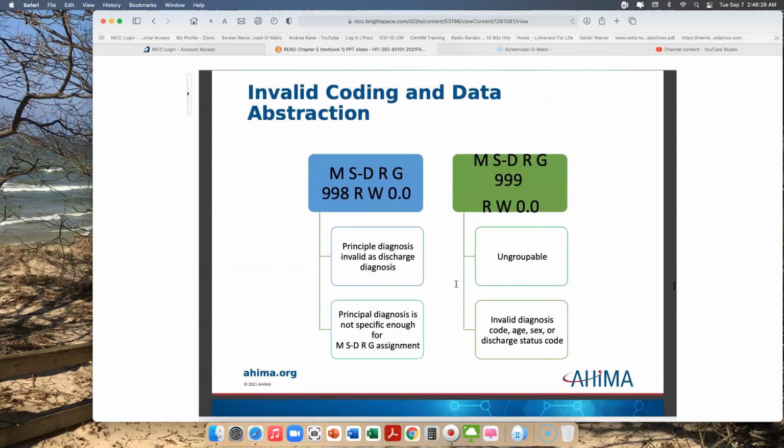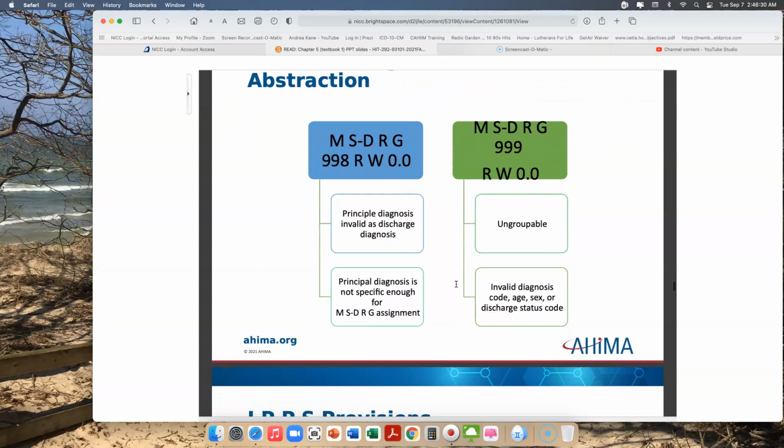This is invalid coding and data abstraction. If you end up in MSDRG 998 or 999, that is not good. There's something going on there that you really need to take to a more expert coder or a coding supervisor to take a look at, because very, very rarely is it true. 998 is principal diagnosis is invalid as discharge diagnosis, or the principal diagnosis is not specific enough for MSDRG assignment.